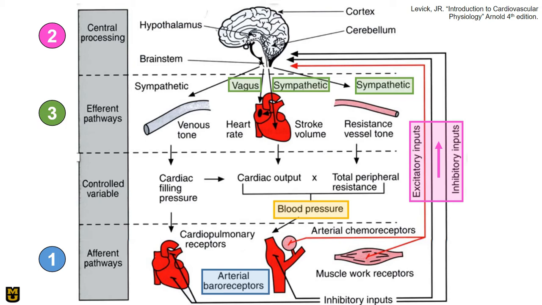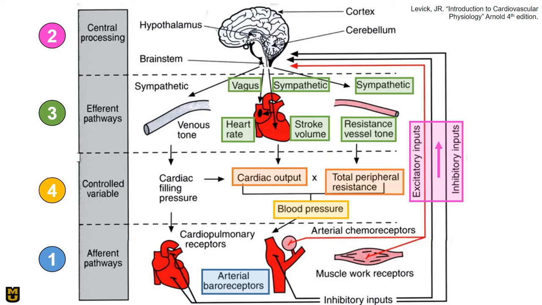And this is often what we're going to be measuring in our human research participants. And again, we could be looking at the sympathetic branch of the autonomic nervous system or the parasympathetic. And in this figure, when we think of parasympathetic nervous system activity or modulation, we're primarily looking at the cardiac vagus, or the vagal nerve feeding the heart. And then when we have these changes in sympathetic or parasympathetic nervous system activity, you are going to get changes in heart rate, stroke volume, or resistance vessel tone.